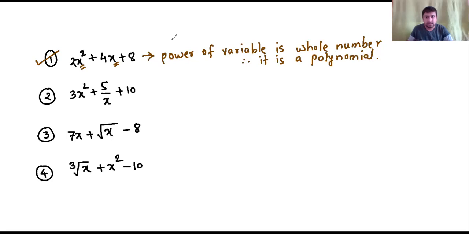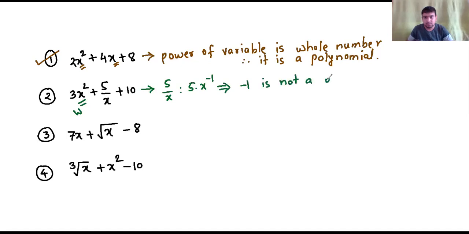Now, in the second example, what is power of x here? 2. Yes, it is a whole number. What is 5 upon x? So 5 upon x, can we write this as 5 into x to the power minus 1? No, minus 1 is not a whole number.